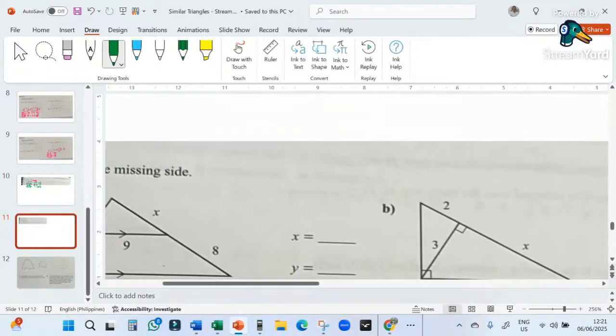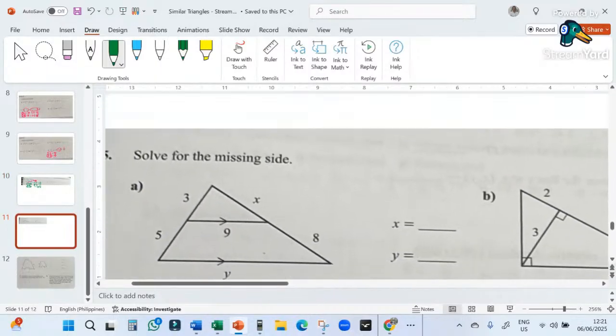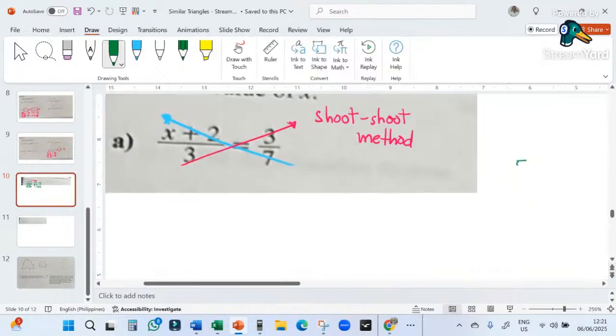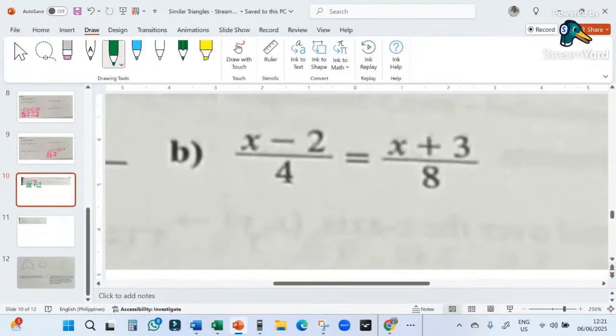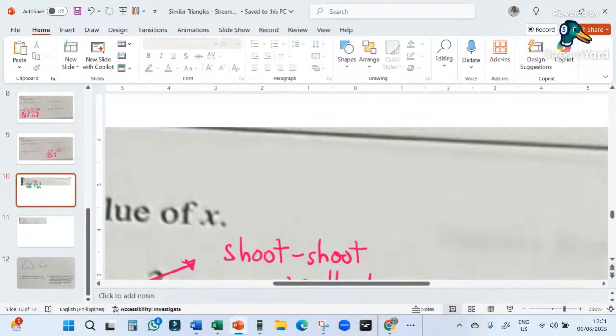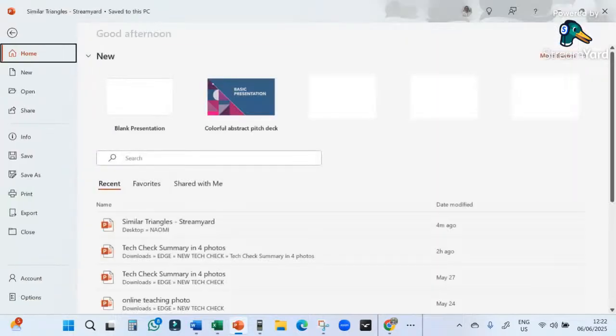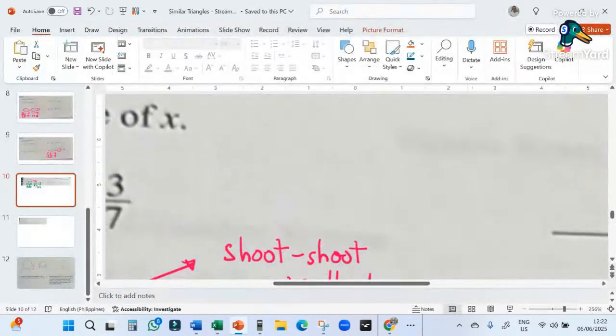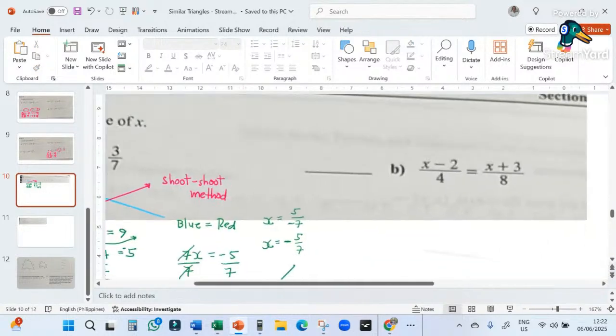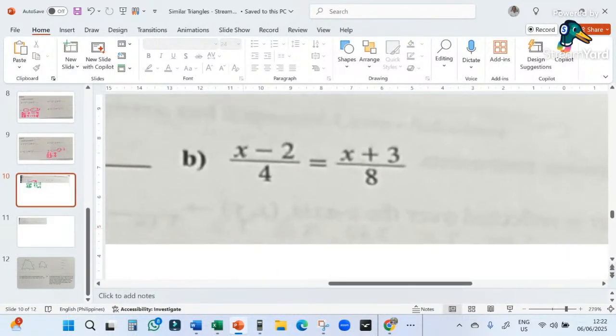Right. Let's do letter B of number 4. And this is the equation. Okay. Let's make it clearer. Oh, here.